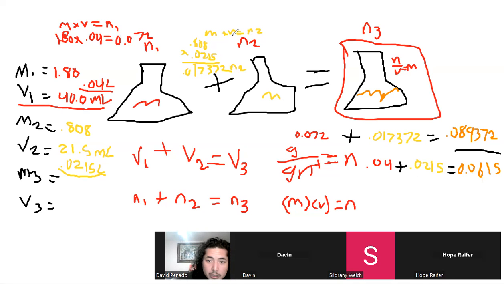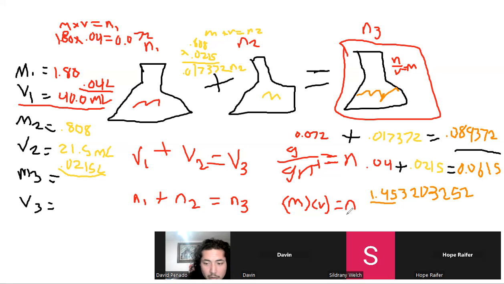And your molarity is this: 1.4532, yeah, 1.45. We just take the 3 sig figs because that's all we've been doing the whole time.